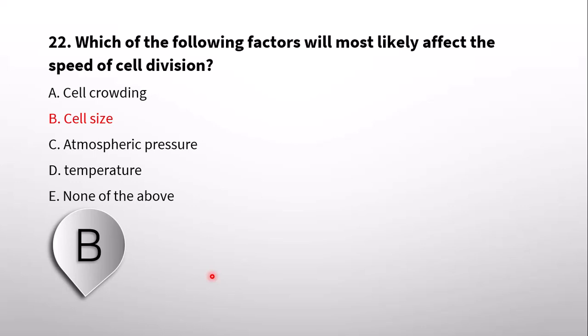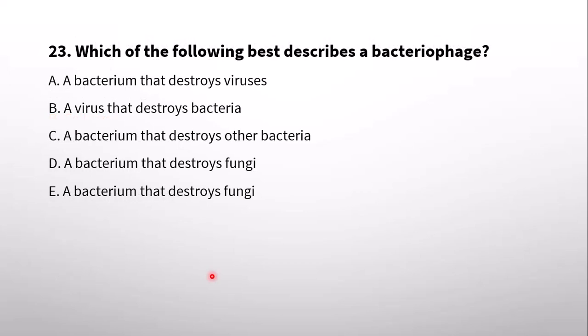Yes, because the larger the cell, the larger the volume, and the ratio between the size and volume becomes very large, and it becomes difficult for the cells to transport substances, take in food, to send out waste. It becomes more difficult. So cell size affects most likely.